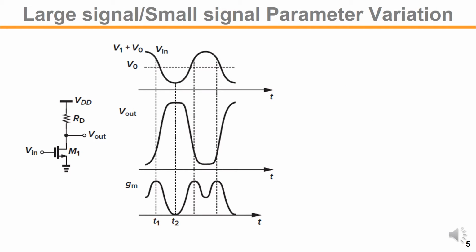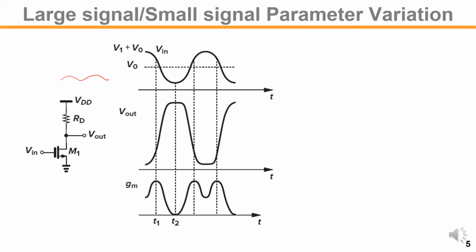In a typical common source amplifier, if the input is small enough, the output will fluctuate.